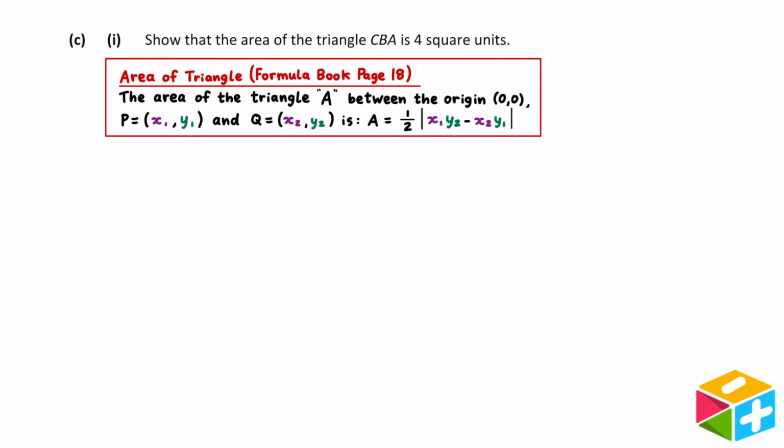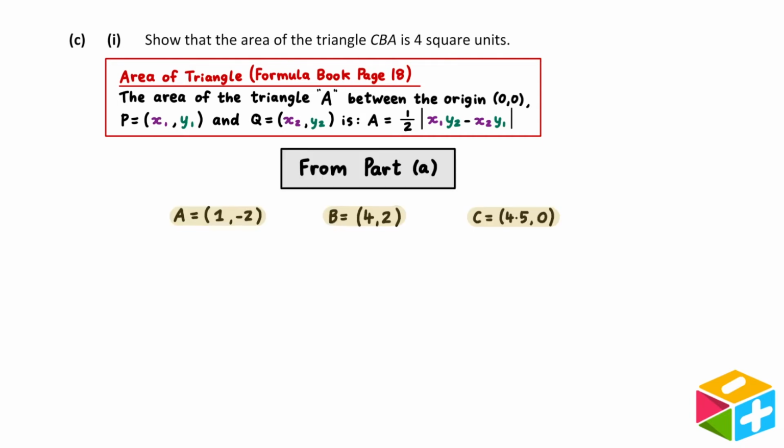We want the area of the triangle CBA. From the previous parts of the question, we know the coordinates of these points. A is equal to (1, -2). B is equal to (4, 2).